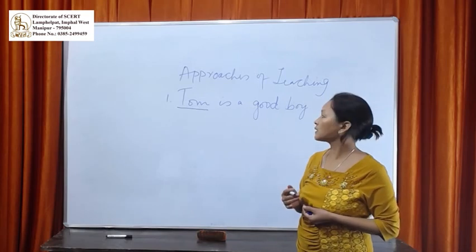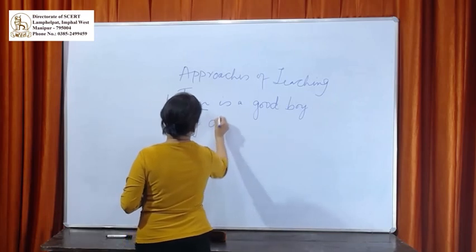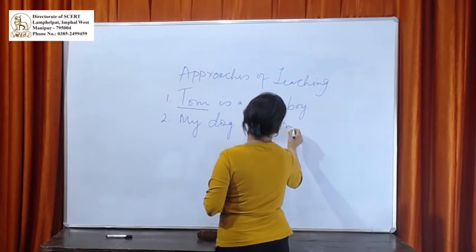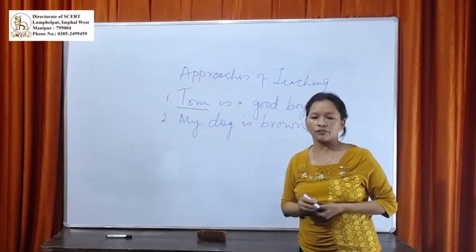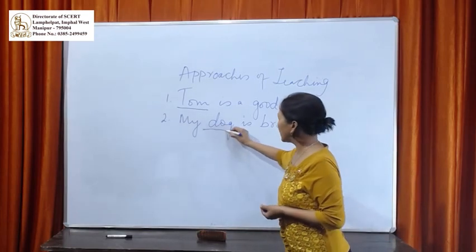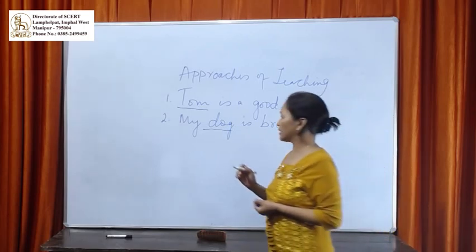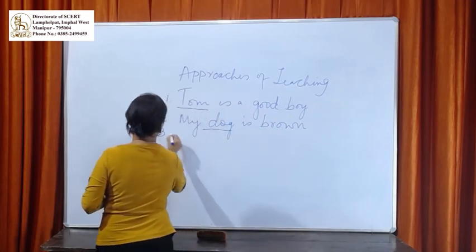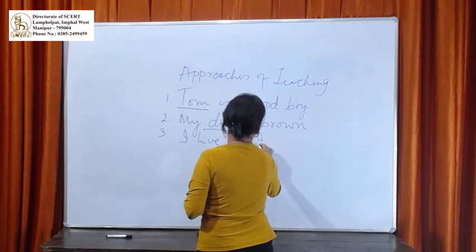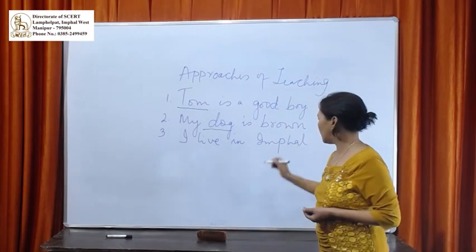Let us give another sentence. My dog is brown. Here, dog is a noun. I will write another sentence. I live in Imphal.